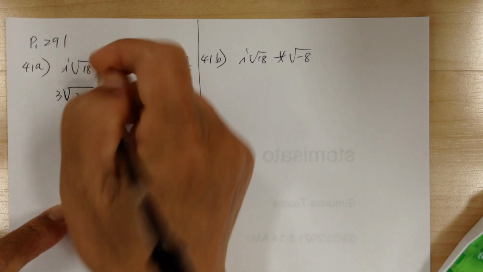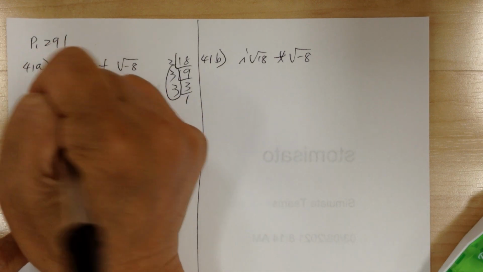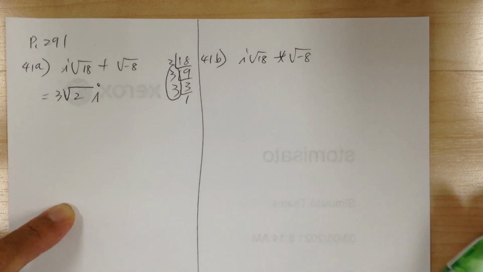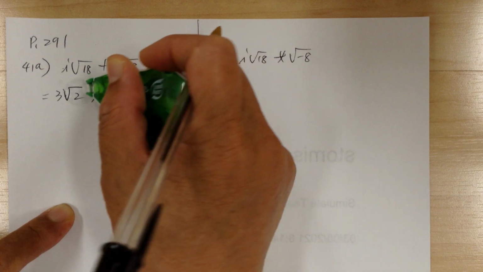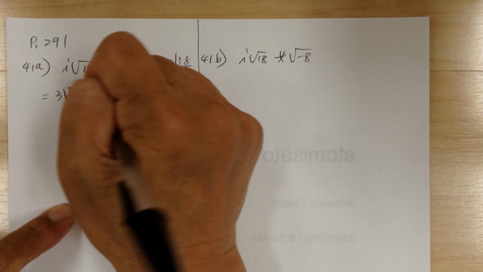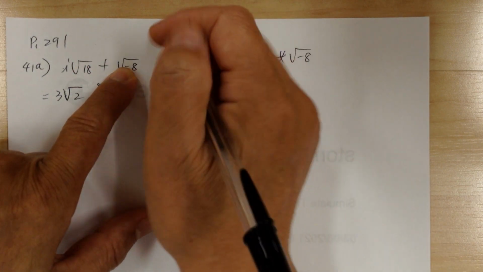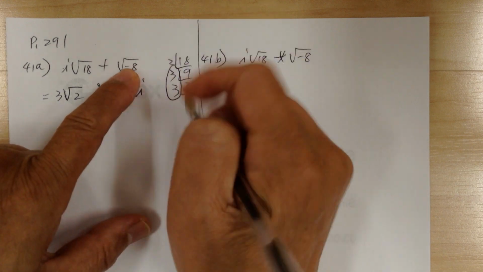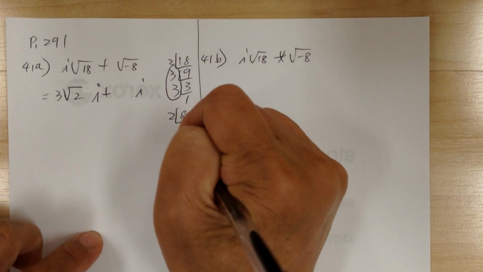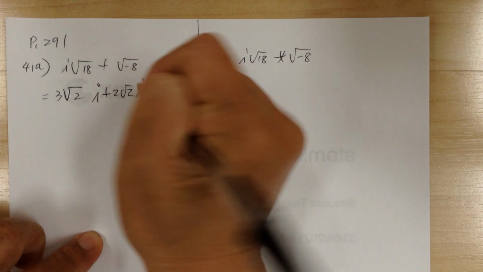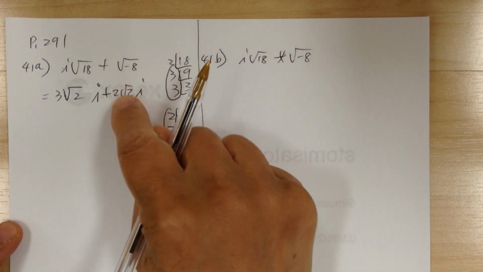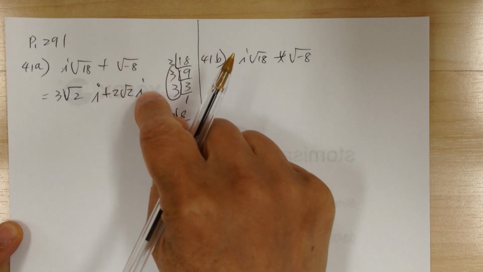And make sure i is not inside the square root, because that would be incorrect. Okay, and so again, square root of negative is i, and the 8, when you do this, you get 2 square root of 2. Okay? So again, 8 is 2 square root of 2, and negative gives you the i.